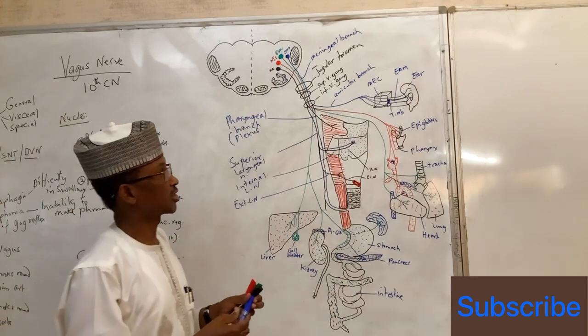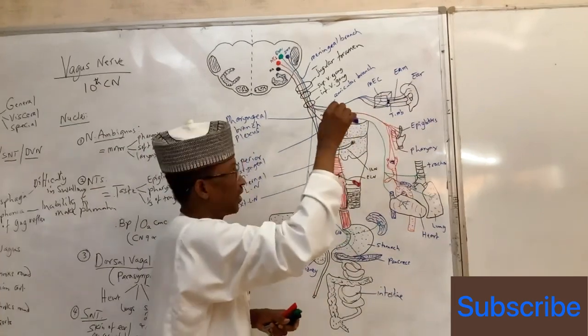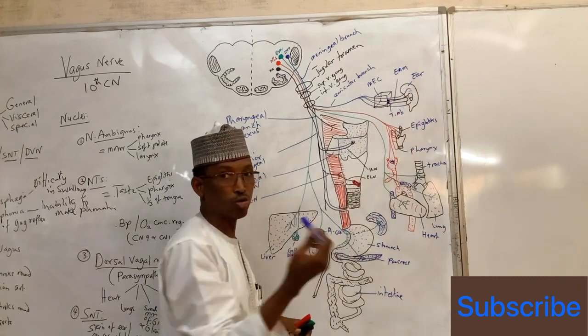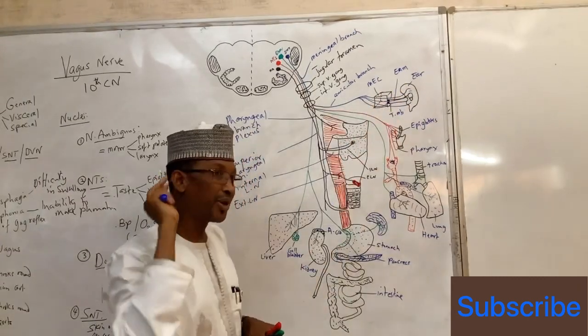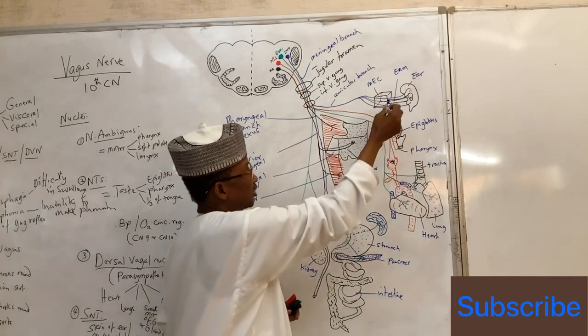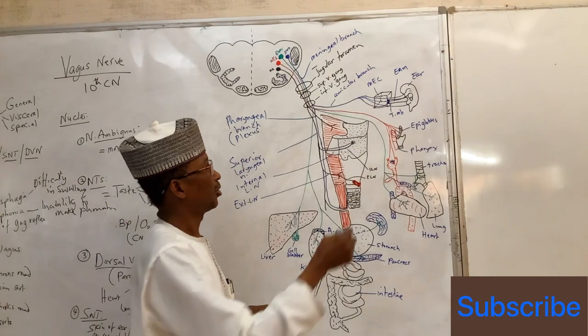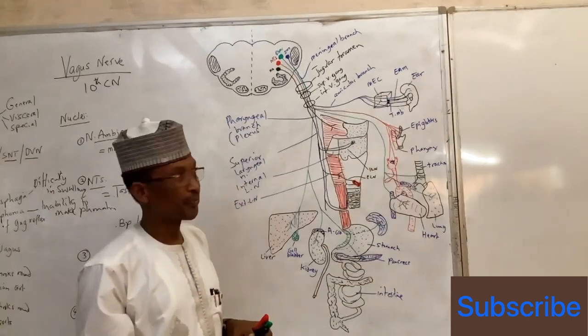So sensation from the external ear, that is the auricle, especially the area around the tragus, including the area behind the pinna, as well as the floor of the external auditory meatus, plus the external surface of the tympanic membrane.